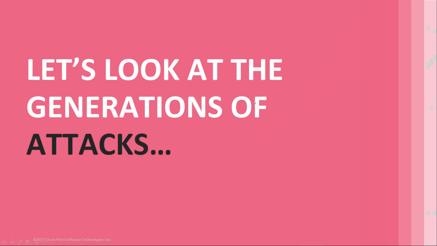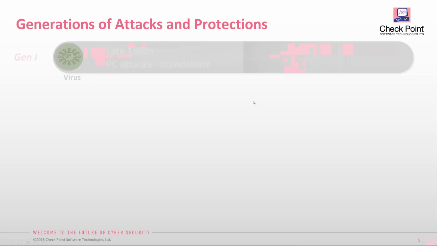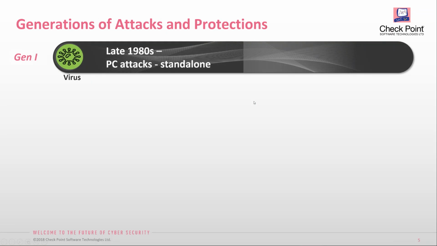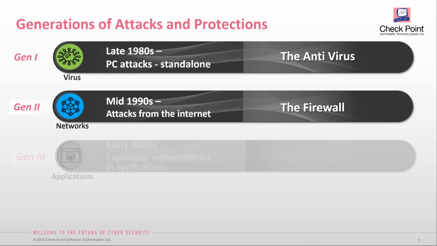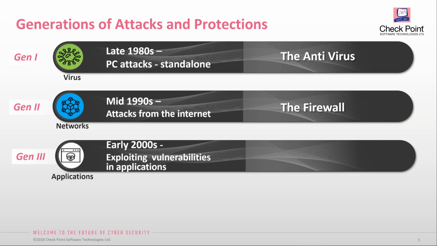So let's take a quick look at these generations of attacks. The first one we all know and love, the usual viruses with regular PC attacks, and an antivirus would manage to hold them off with signatures. Easy as it gets. Next one was attacks from the internet. Basic ACL, attack a certain port and no authentication, no integrity, just go in and do whatever you want. That was when the firewall was relevant. The next phase, the next generation, was vulnerability exploitation.